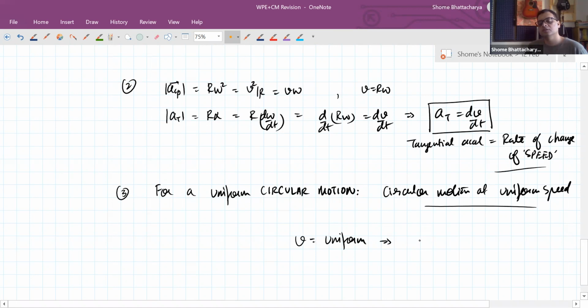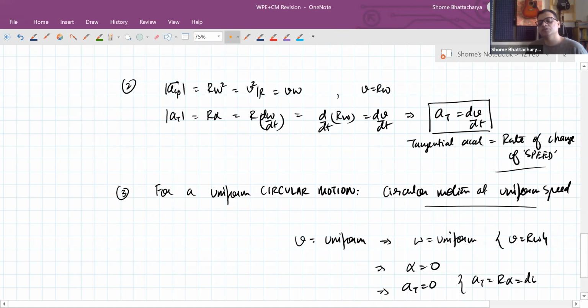That means that omega is also uniform, because v is equal to r omega, which means that alpha is zero, which means that tangential acceleration is zero, because tangential acceleration is r alpha, or rate of change of speed.